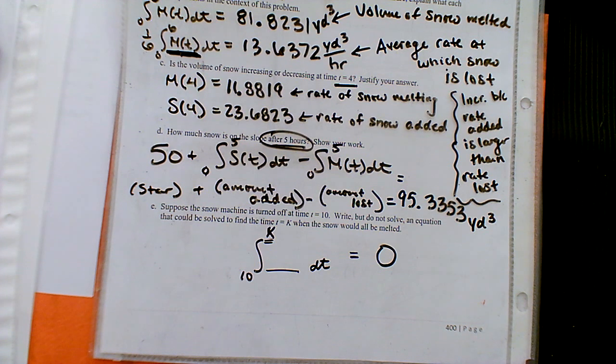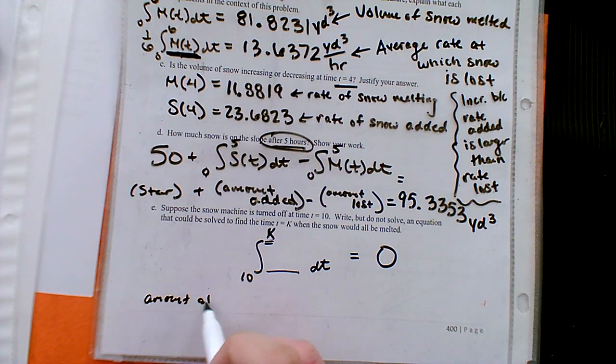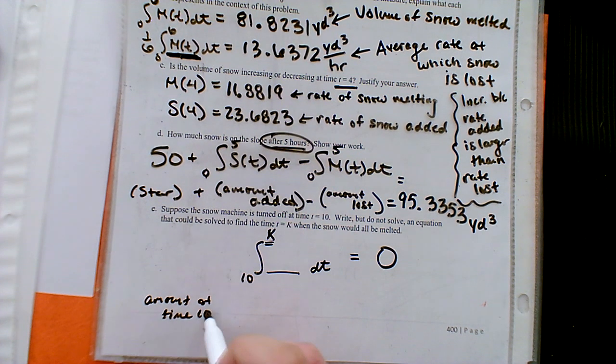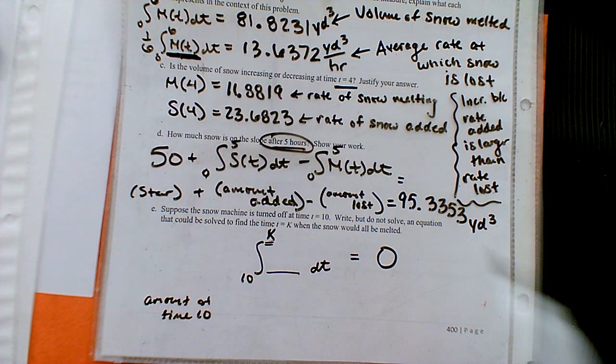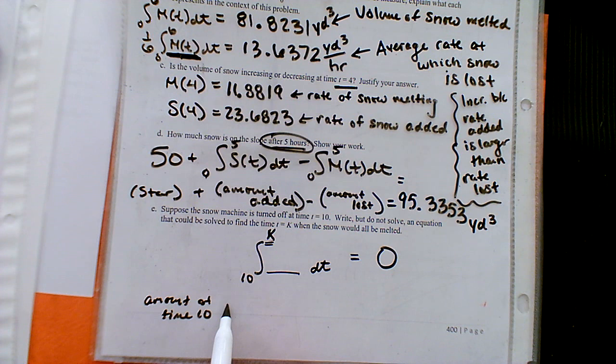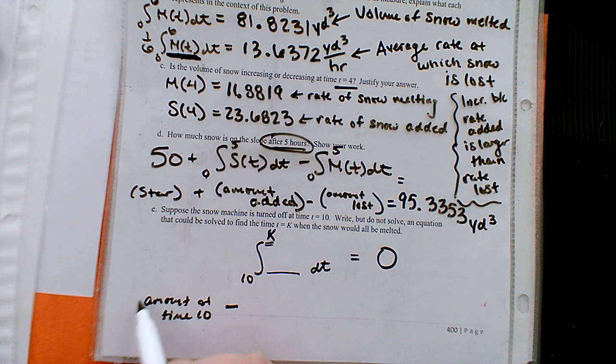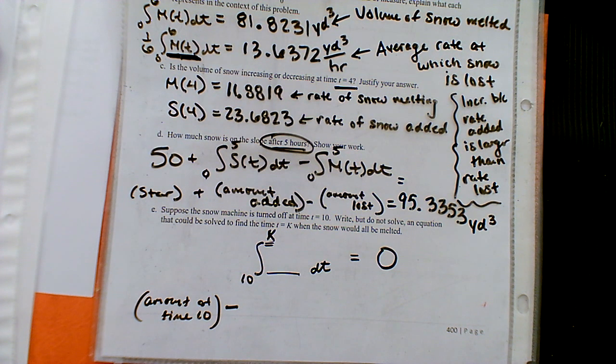Well, at 10, the added equation is 0, so you don't have to worry about the losing. So we need to figure out how much snow is there and the rate at which it's melting. So the amount at time 10, how much snow is on the mountain, and then we need to subtract what?